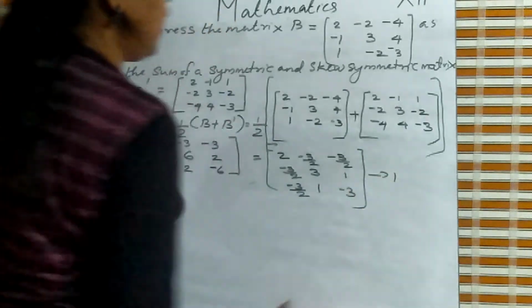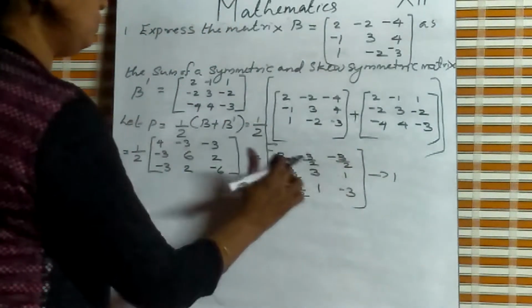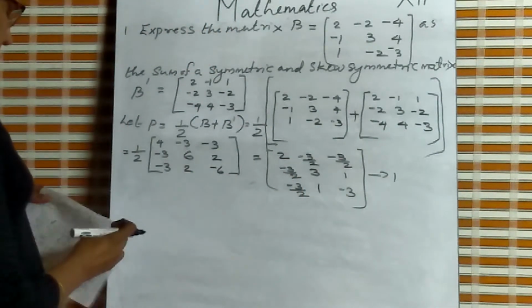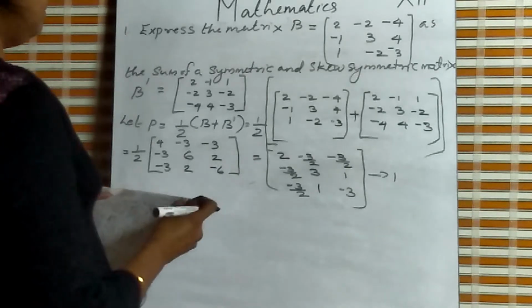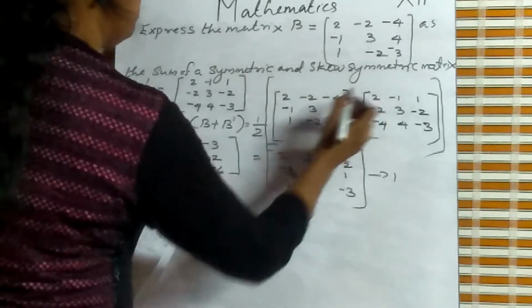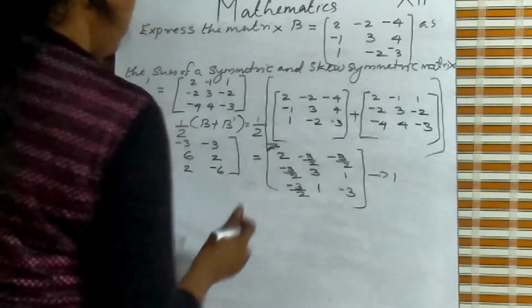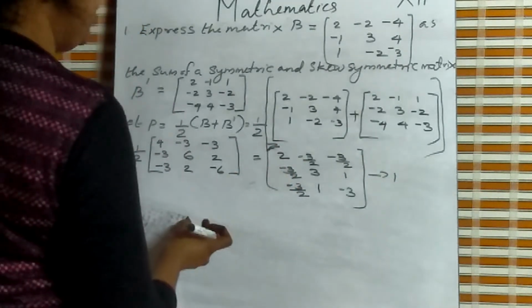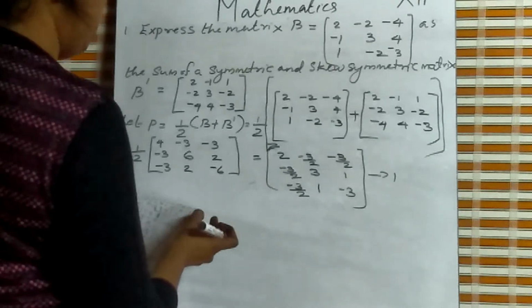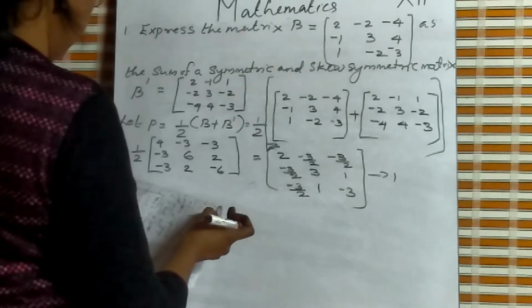This is equation 1: P equals [2 -3/2 -3/2; -3/2 3 1; -3/2 1 -3].